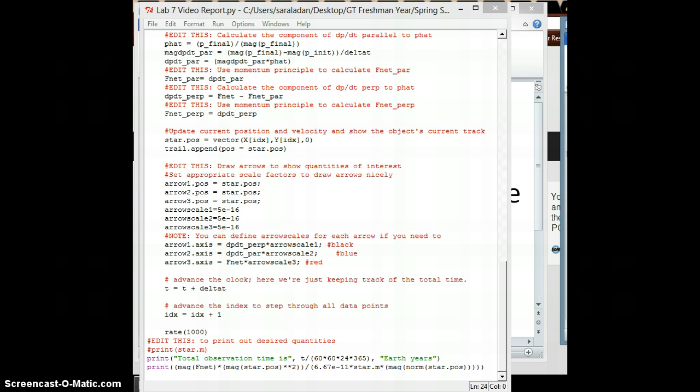So the value of dp dt is determined from observation and only signifies a change in momentum over time. And it doesn't really tell us anything about the cause or anything besides being a number. On the other hand, the cause of the change in momentum is represented by Fnet, and it tells us how the surroundings work on the system.